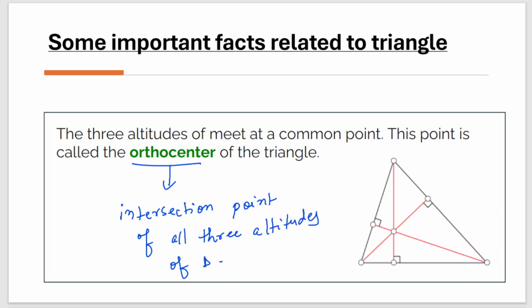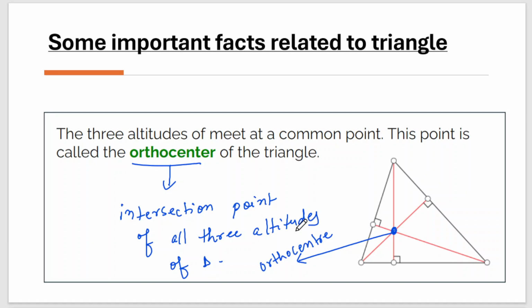That means three altitudes of triangle will meet at a common point, and this point will be called as orthocenter. So if anybody asks you what do you mean by orthocenter, tell them orthocenter is the intersection, meeting point of all the three altitudes of triangle.